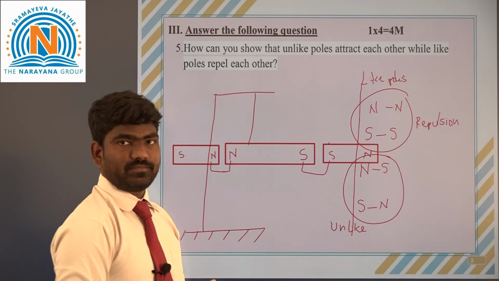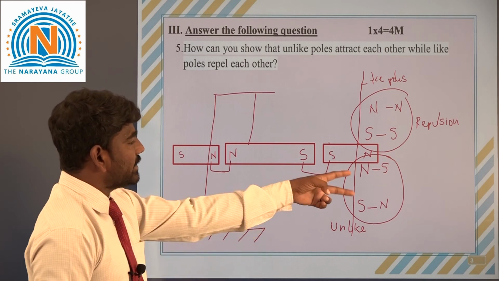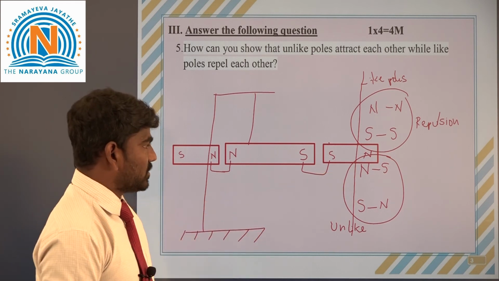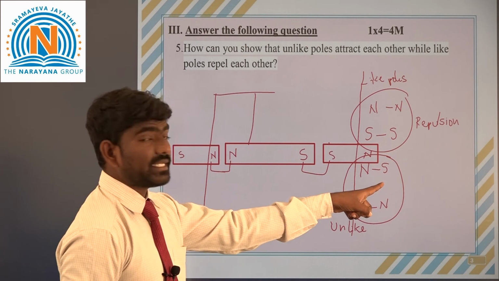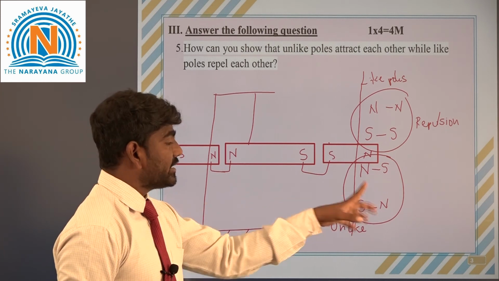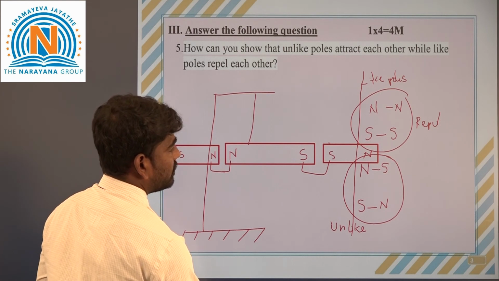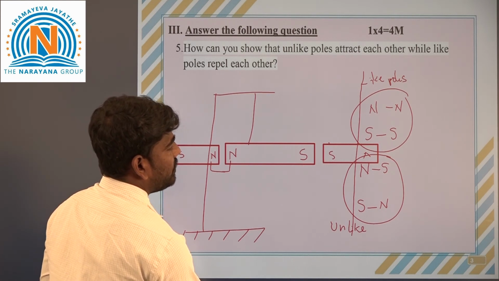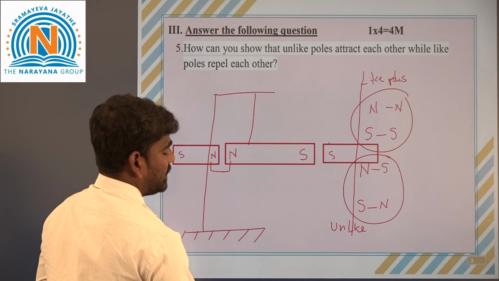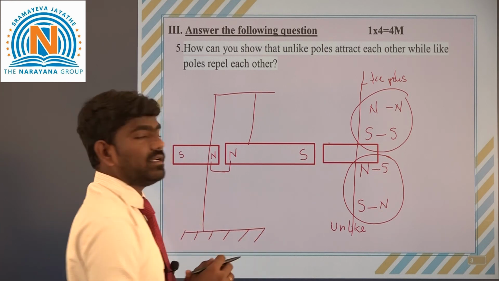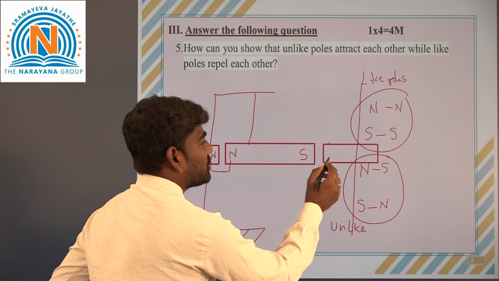And coming to these combinations: north of the first magnet and south of the second magnet, south of the first magnet and north of the second magnet. So what will happen? See, I am just changing the poles of the second magnet.